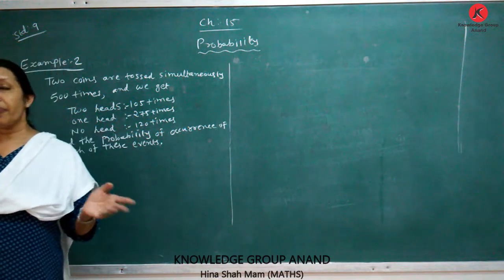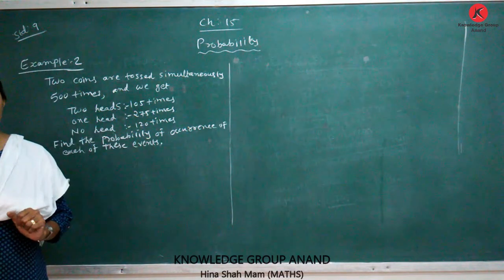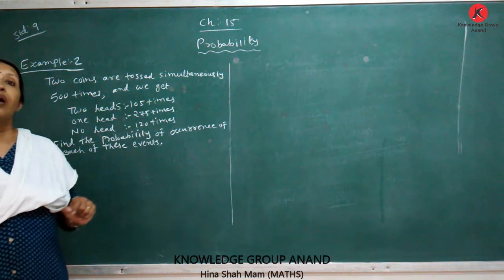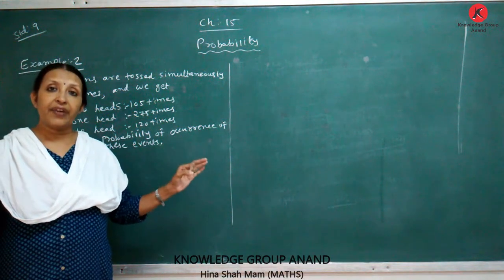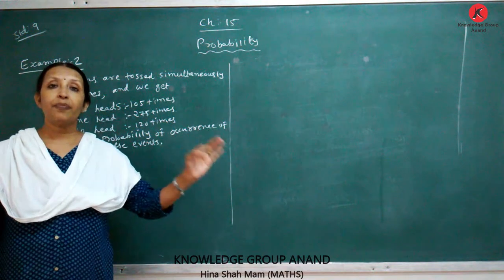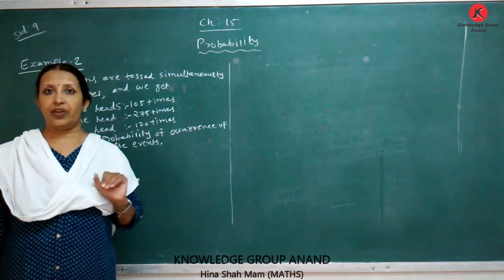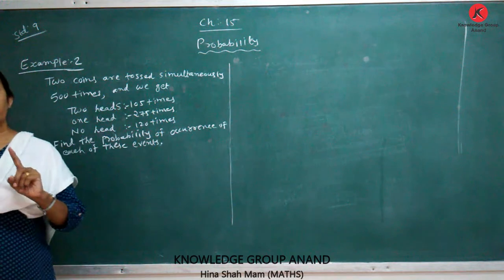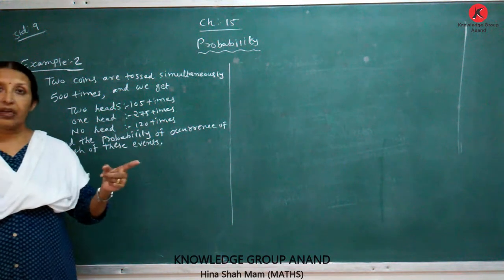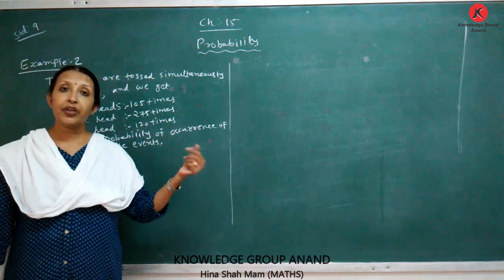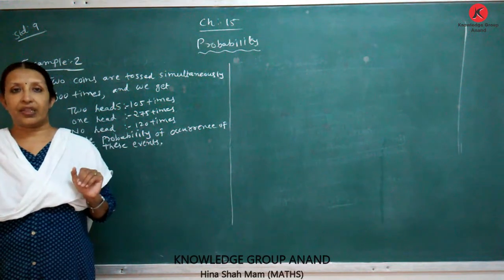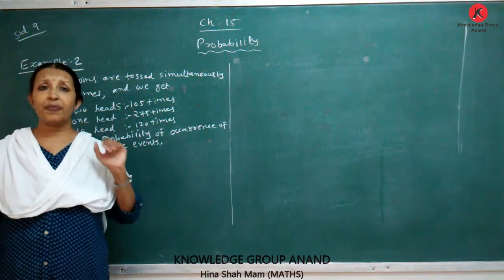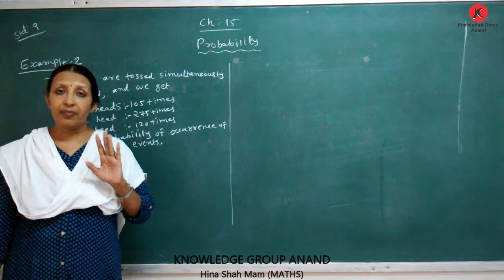The probability of an impossible event is 0. The probability of an event can never be negative. And the probability of an event happening plus the probability of the event not happening is equal to 1. We know all these points. Remember them.